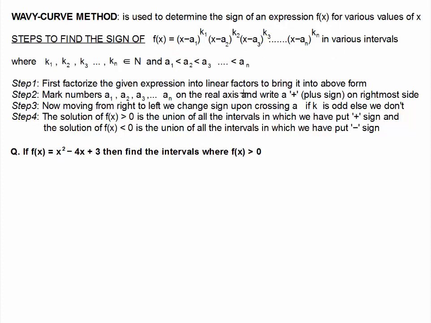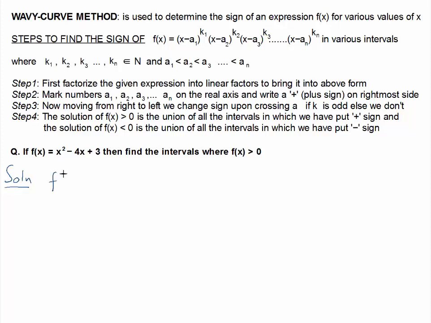Let's understand these steps using an example. The question is: if f(x) is equal to this, find the intervals where f(x) is greater than 0. Even before that, let's determine the sign of the expression x squared minus 4x plus 3.